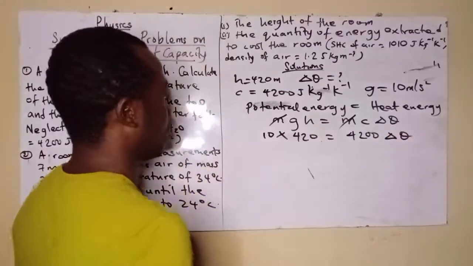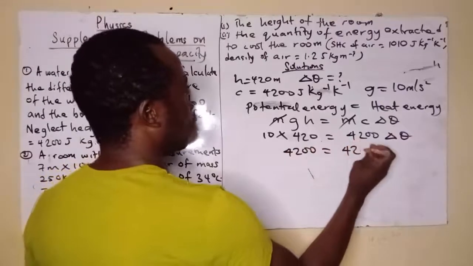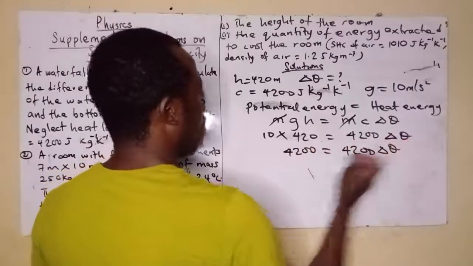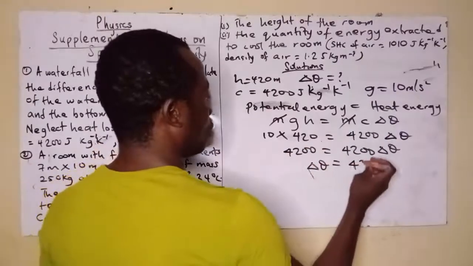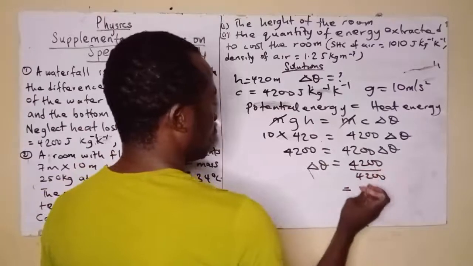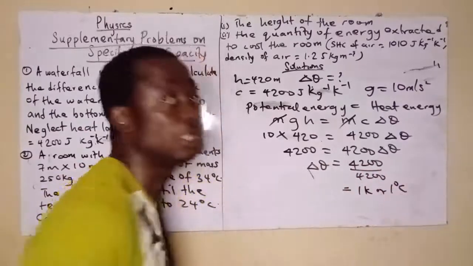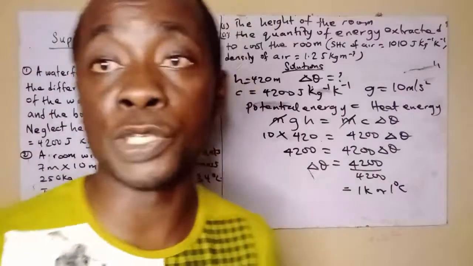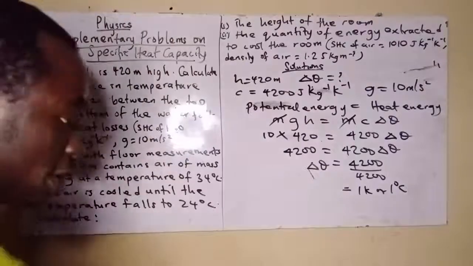So the change in temperature will be 4,200 divided by 4,200. So the change in temperature is 1 Kelvin, or 1 degree Celsius, depending on the temperature unit they gave us. Now let's see how we can solve the second question.